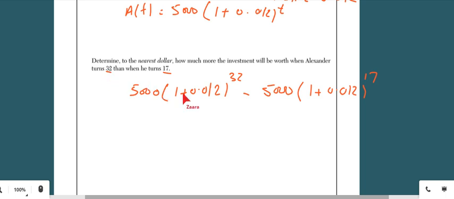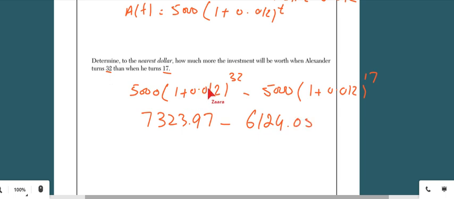The answer is 7,323.97. And for the other one, when we substitute 17 here, it is 6,124.05. Now let's take the difference between them. 7,323.97 minus 6,124.05.